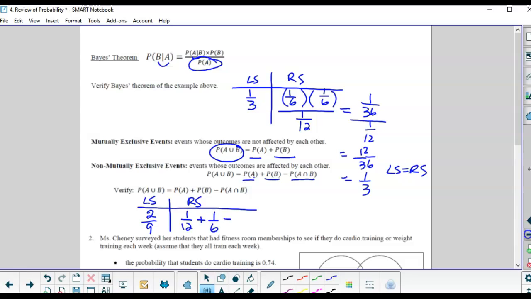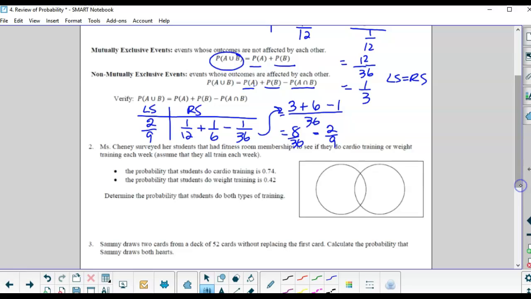And the intersection was 1/36. So now if we get a common denominator, that's going to be 3 over 36 plus 6 over 36 minus 1 over 36, which is 8 over 36, which it reduces to 2/9. Okay, so that just verifies it.